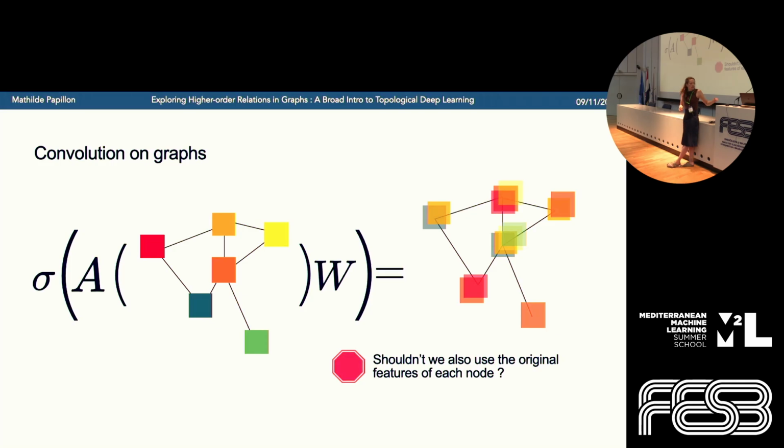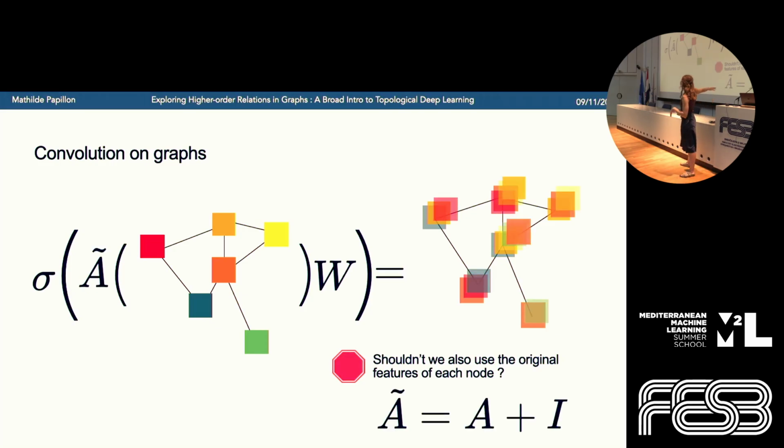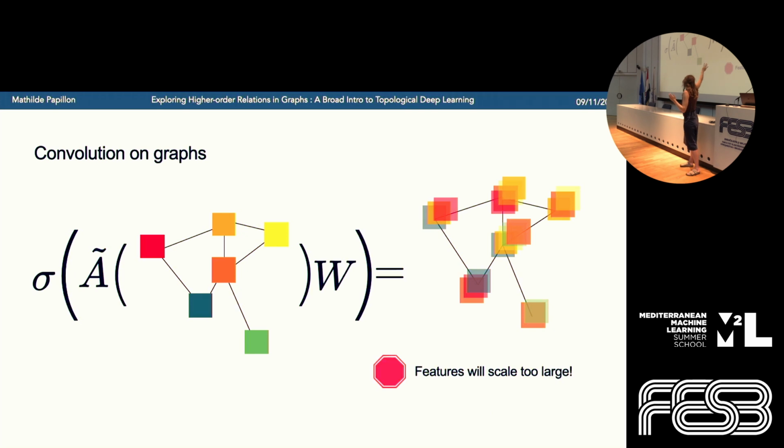That doesn't make a whole lot of sense. So we are going to modify our adjacency matrix a little bit with the identity just to keep that original node feature in the loop. And lastly, you might be looking at all these sums, and you might think, these node features are going to be way bigger than my original representation. So we need to scale.